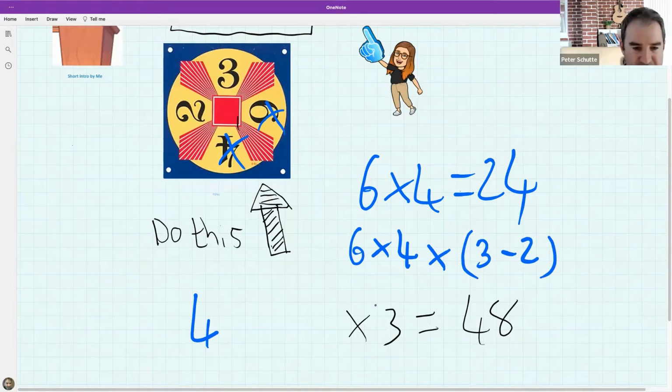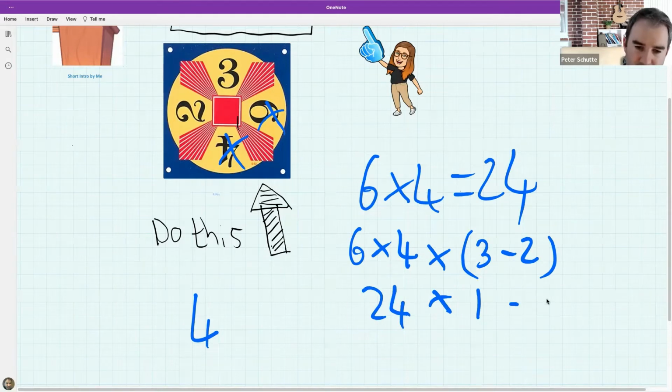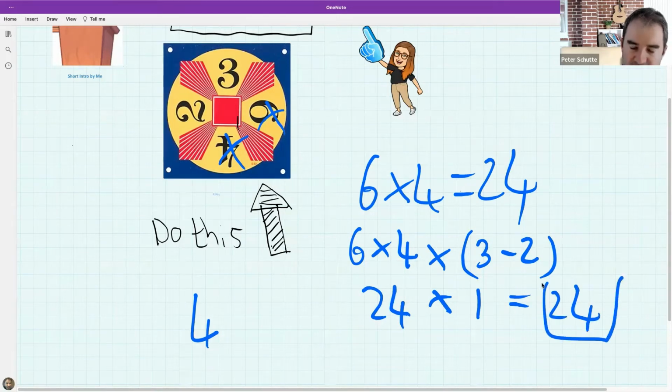Now, in effect, what that does is 3 minus 2 is 1. And we'll talk about this more in the lesson later today. But in an expression, the brackets always get evaluated first. So this evaluates to 1, and this evaluates to 24. And so we get 24.